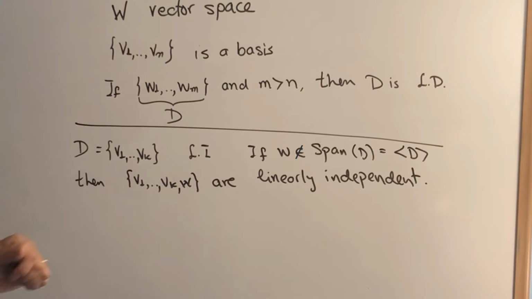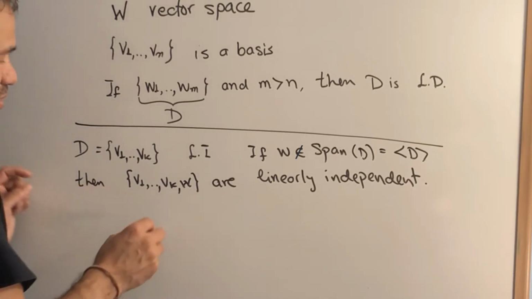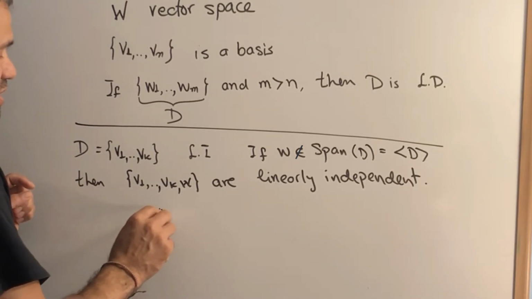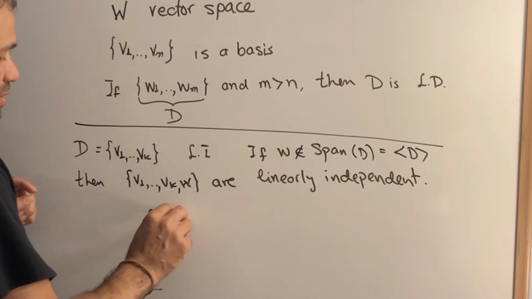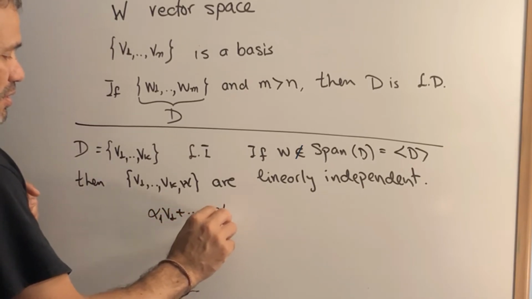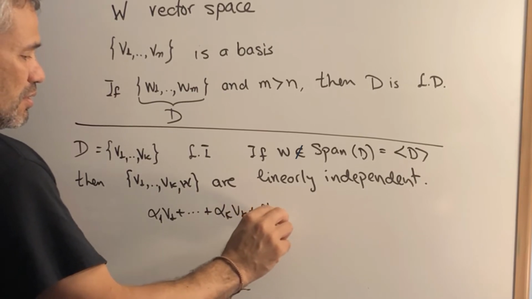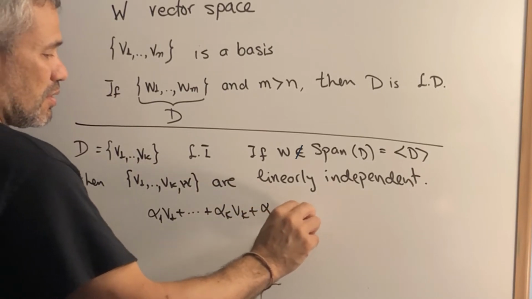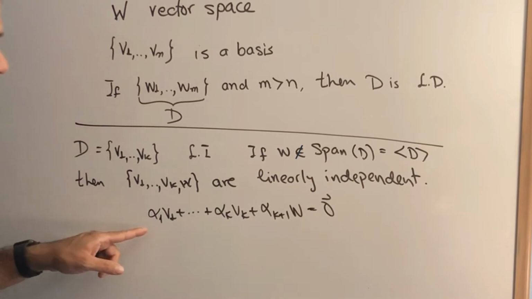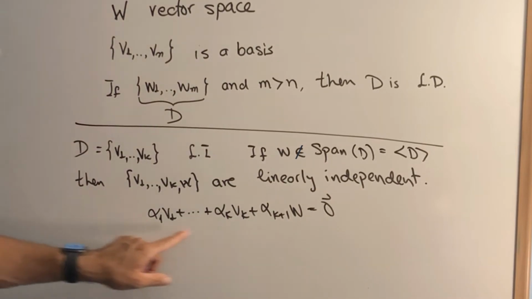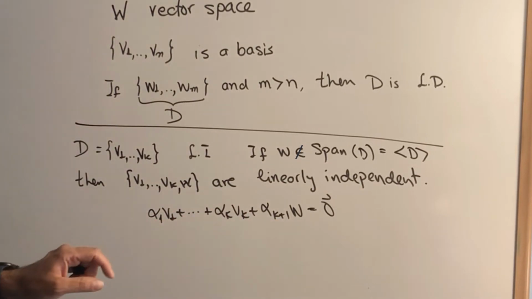The proof of this is relatively easy. We assume a linear combination that produces the zero vector, equal to the zero vector, and then we need to prove that all the alphas must be zero.